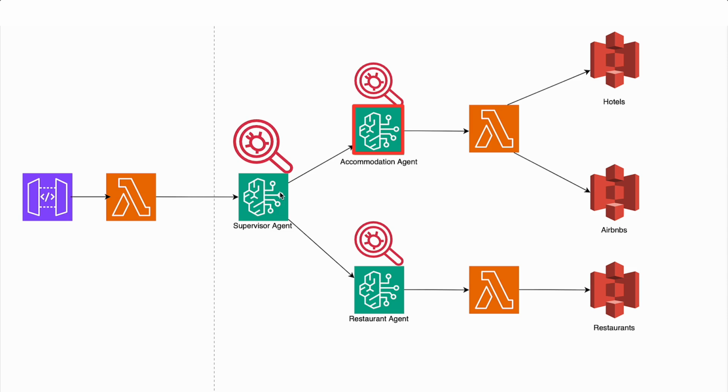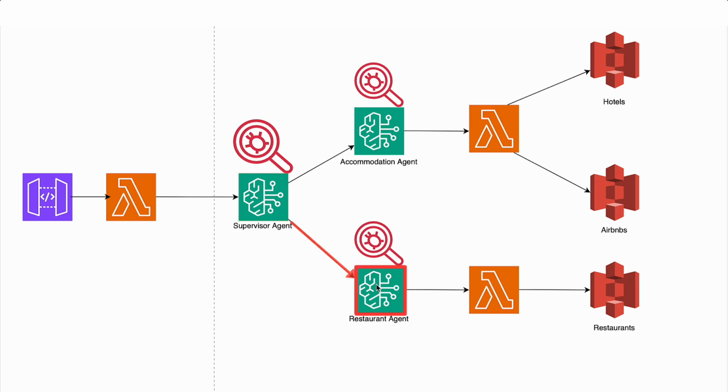So this was if the supervisor agent has decided that the user wants to stay overnight somewhere. Now, what happens if the user is not interested in staying overnight anywhere? They just want to go to a nice restaurant. Well, the supervisor agent then realizes, okay, the user doesn't want to stay at a hotel or an Airbnb. That means I should send all the information to the restaurant agent.